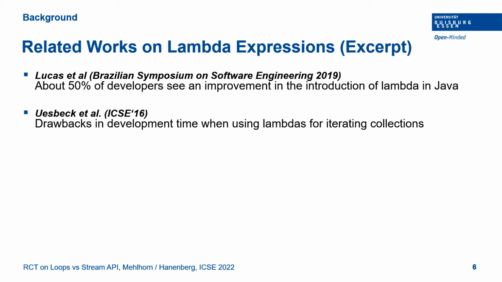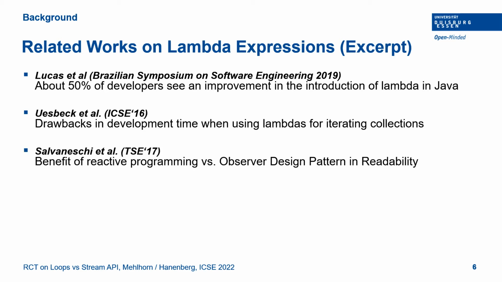So it simply required more time for them to do an iterating task. In 2017, we find a somewhat comparable study by Salvaneschi, who found a benefit of reactive programming compared to the observer design pattern with respect to readability.